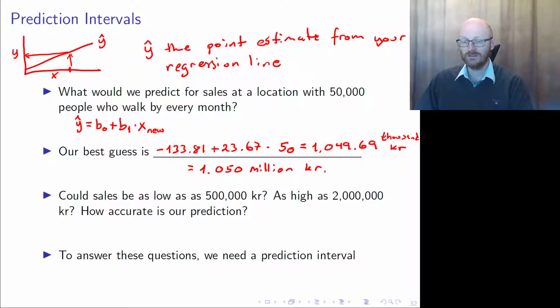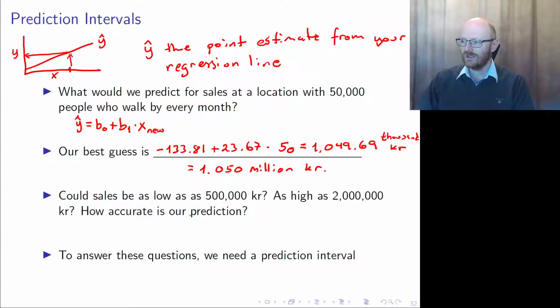kroners, right? But the question is, now you have this point estimate, but most probably sales will not be exactly lying on your regression line.